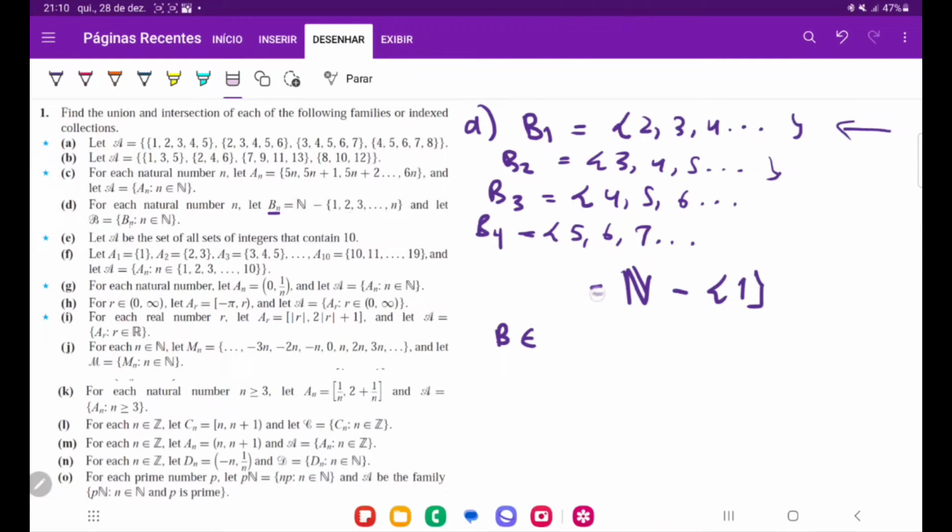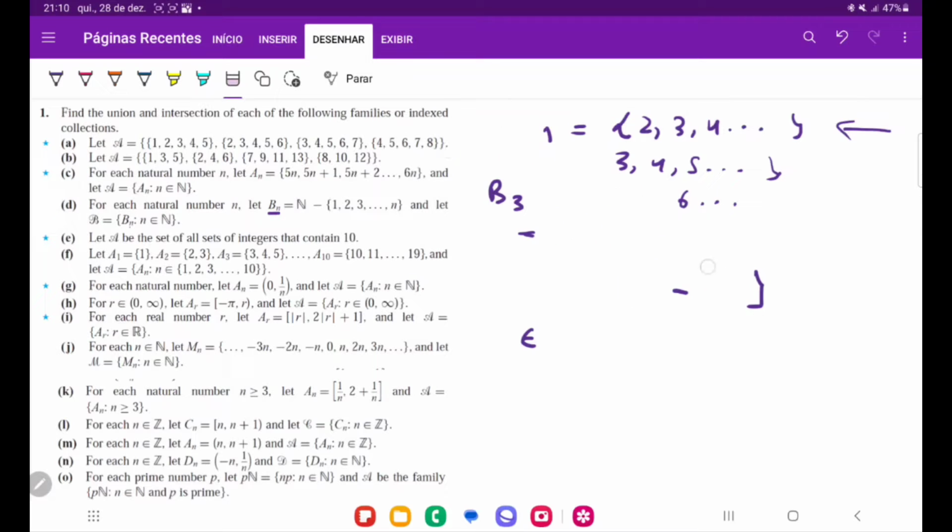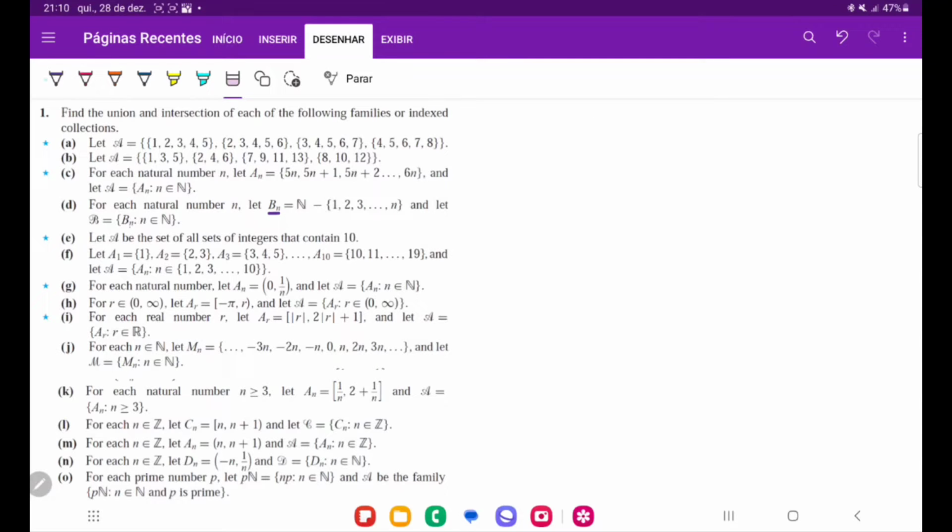Now let's do item E. E says let A be the set of all sets of integers that contain 10. So A is the set of all sets of integers that contain 10. So A is going to include just the set containing 10 itself. Maybe we're going to have the set containing 10, 11, 12, and so on.